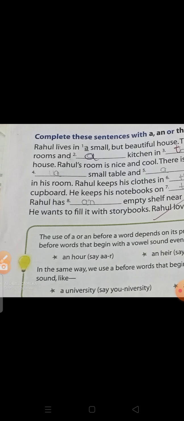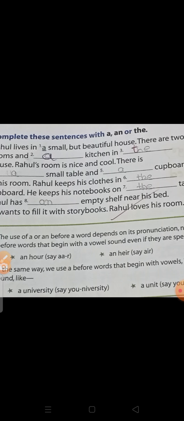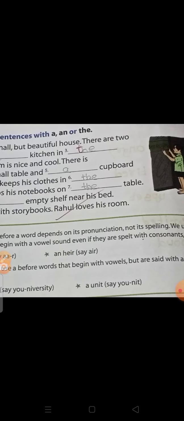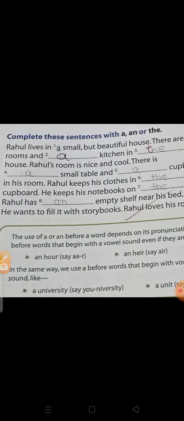In the same way, we use a before words that begin with a vowel letter but are said with a consonant sound, like a university. It says U, so we use a here.